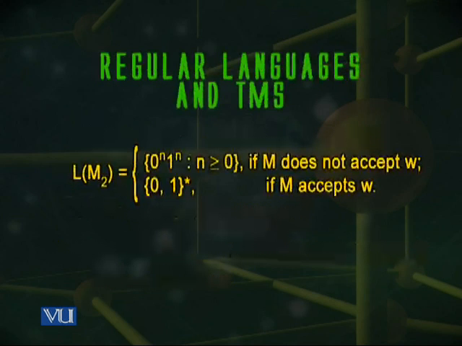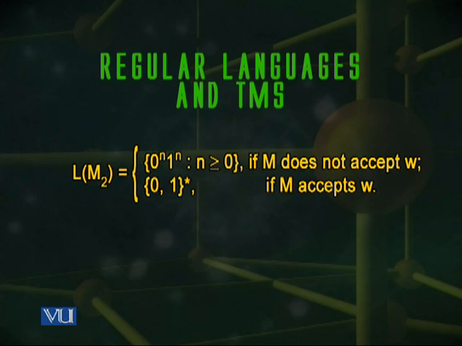Let's look at what the language of M2 is going to be. Well, suppose that M does not accept W. In that case, M2 is going to only accept strings of the form 0 to the n, 1 to the n. As we all know, 0 to the n, 1 to the n, that language is not regular. On the other hand, if M accepts W, then M2 is going to accept all strings, all x's which are given to it as inputs.